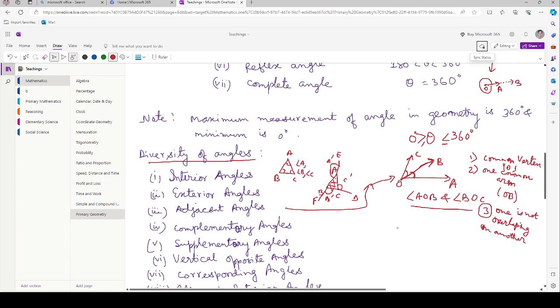If two angles like that, one is angle AOB and another angle is AOC.